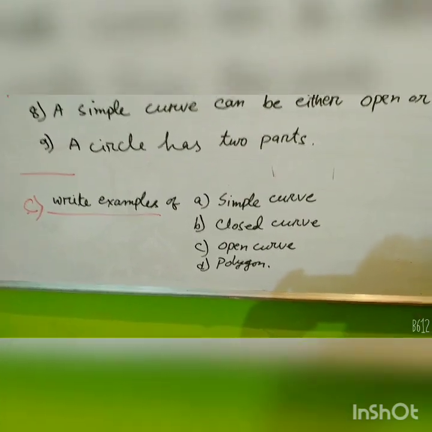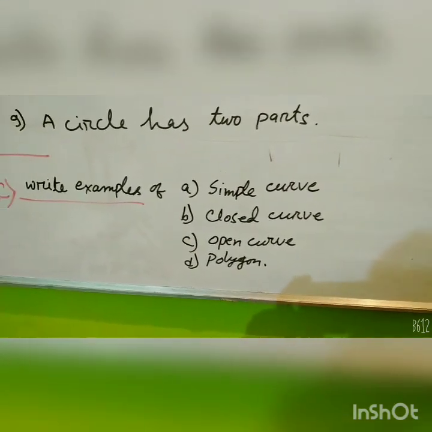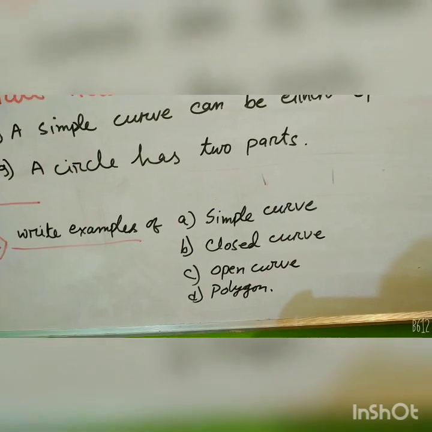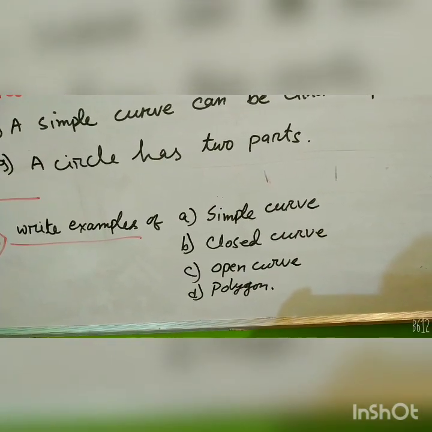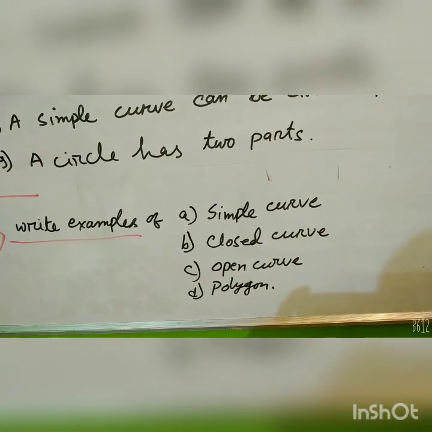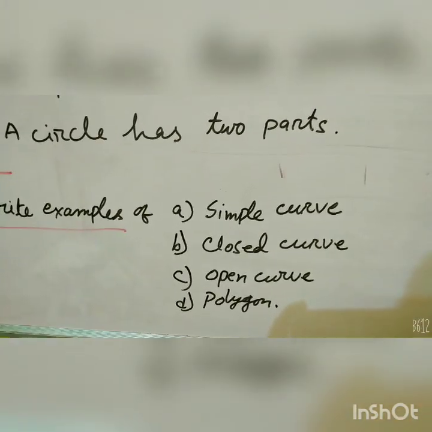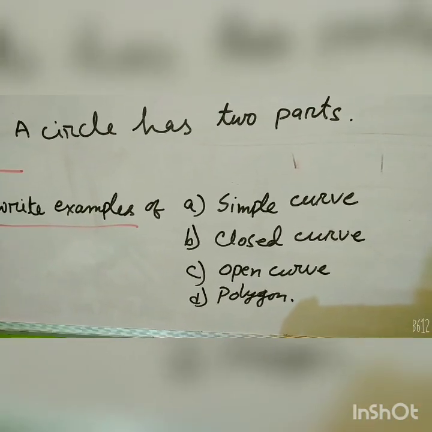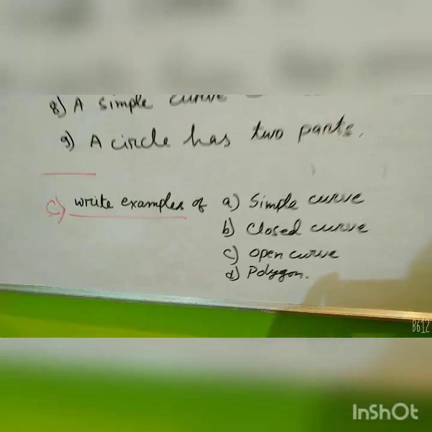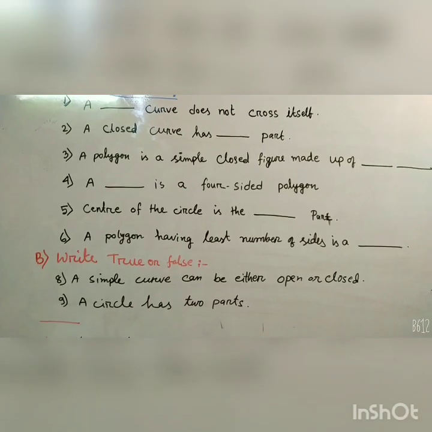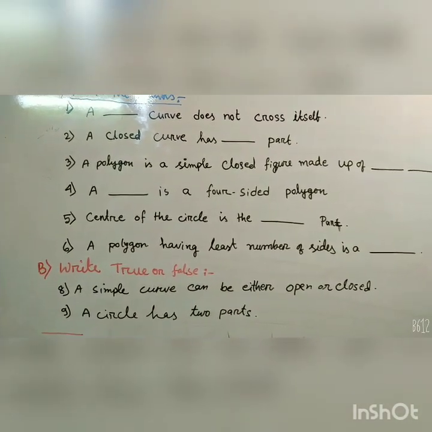Write examples of simple closed curve: A, simple curve; B, closed curve; C, open curve; D, polygon. Okay, so you write this answer and learn. Thank you.